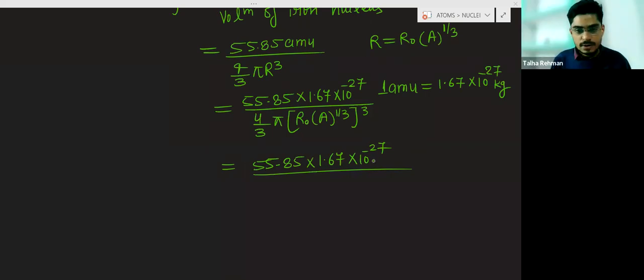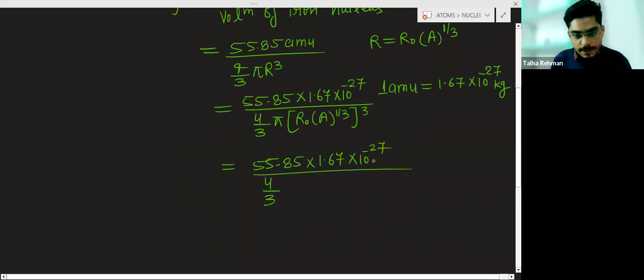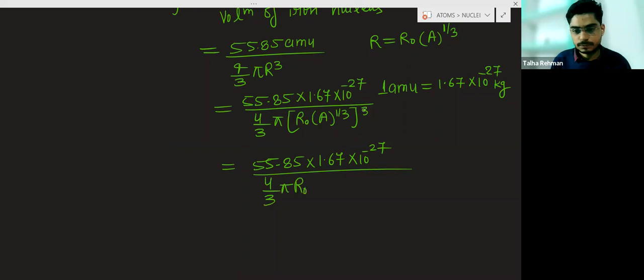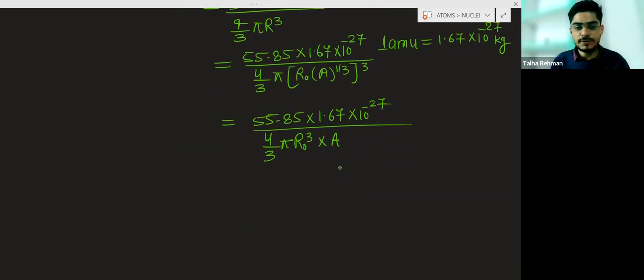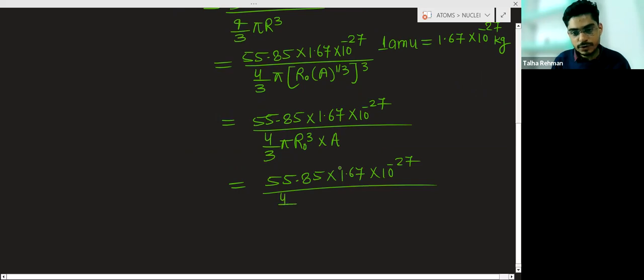Now here, this is 4/3 pi. From here, this is r naught cube multiplied by A. A to the power 1/3, to the power 3, will be A. Now put all the values: 55.85 multiplied by 1.67 multiplied by 10 to the power minus 27, divided by 4/3.